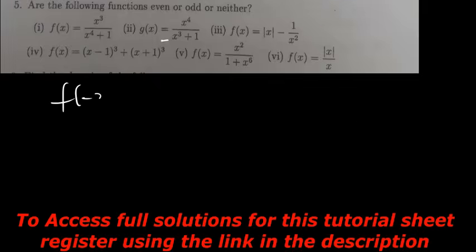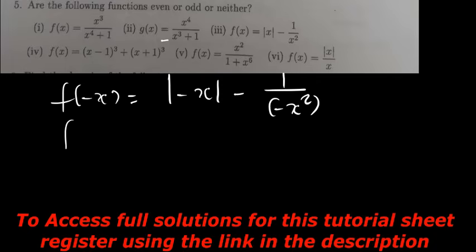F of negative x, don't forget to write the first statement. I'll put here negative x minus 1 over negative x squared. F of negative x, anything in the modulus comes out as positive. That's what we should remember.